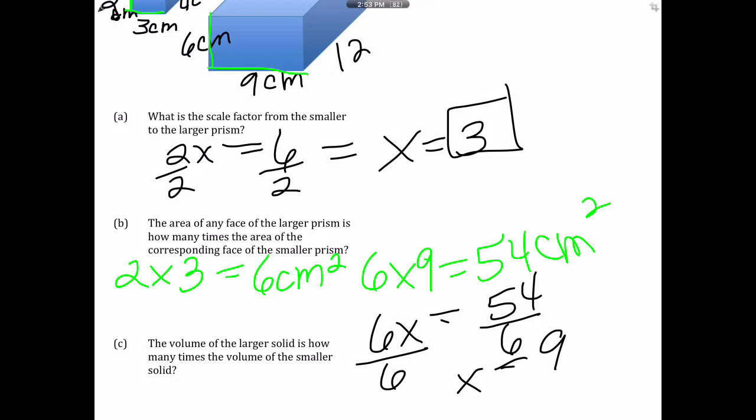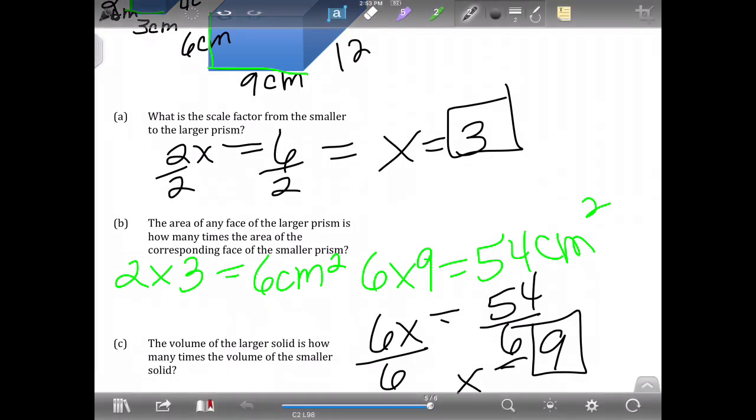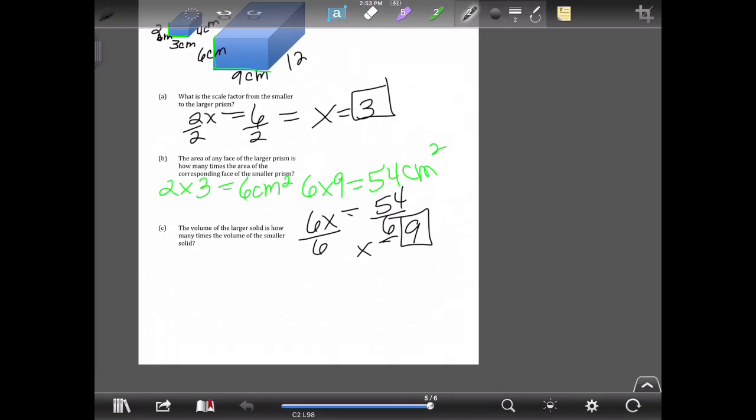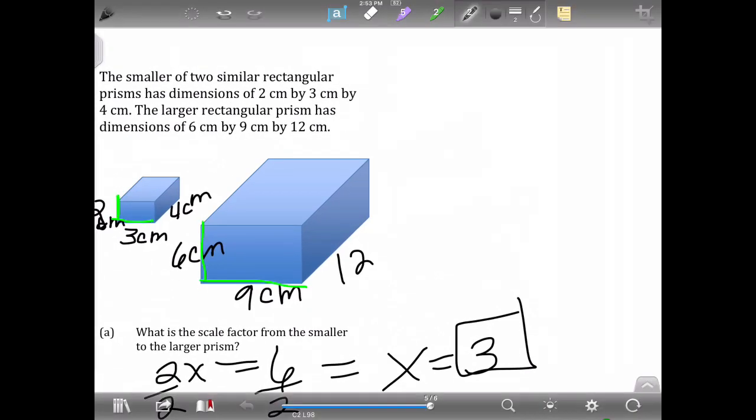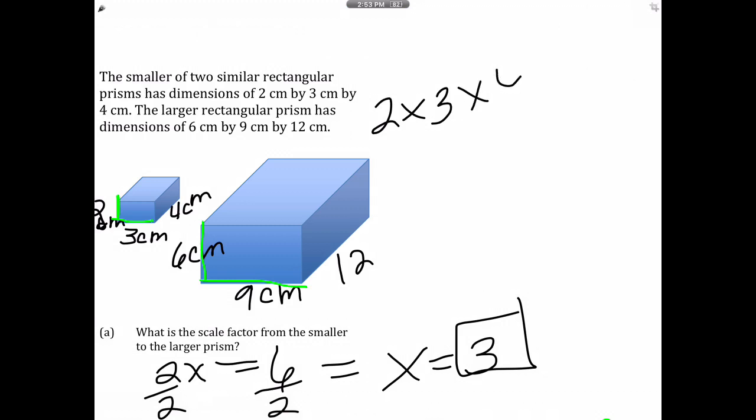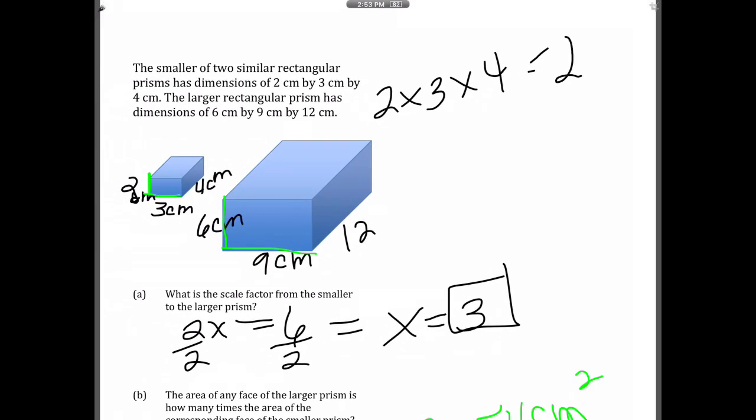Now we're going to talk about volume. So we'll do the volume of each. The volume of the first prism is 2 times 3 times 4 centimeters, which equals 24 cubic centimeters.